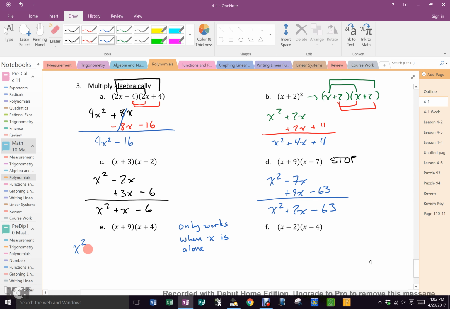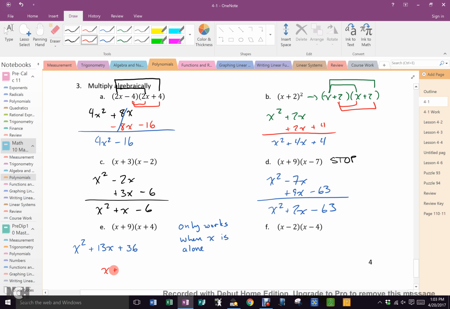So what's the middle term going to be here? 9 and 4 plus 13x. What's the last term going to be? 2 times 3, 6. 7 times 9, 63. 2 times 2, 4. So this is going to be 36.